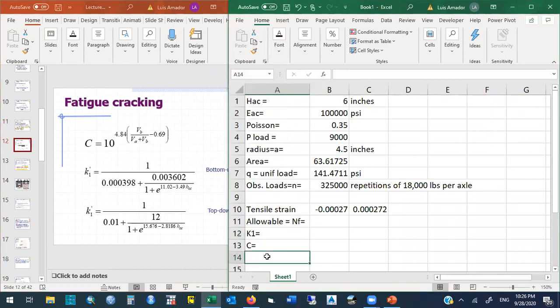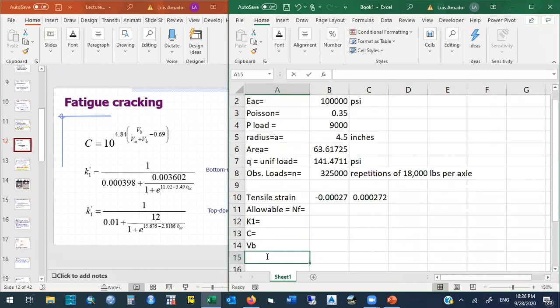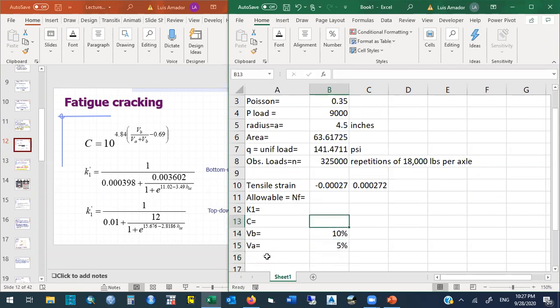Oh, and I need the volume of binder and the volume of air. So for binder, I'm gonna use 10% maybe. And for the air, maybe 5%. Okay, so the C will be 10 to the power of 4.84, and then it's gonna be VB divided over VB plus VA.